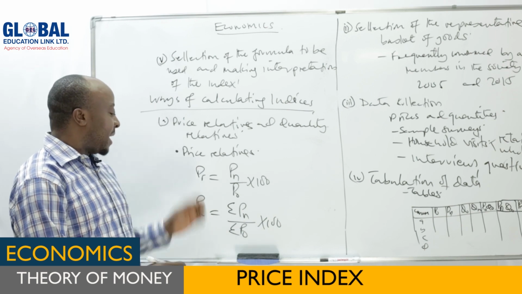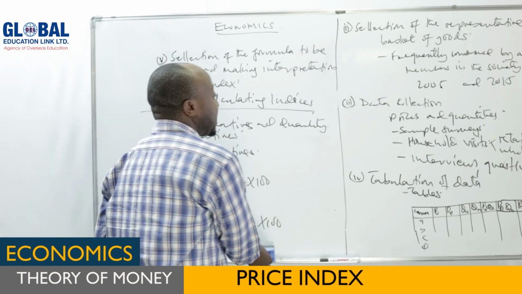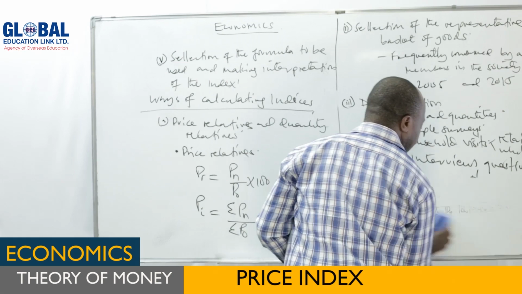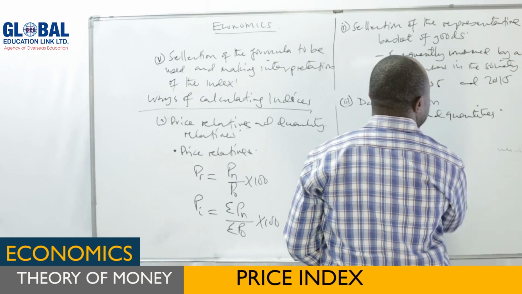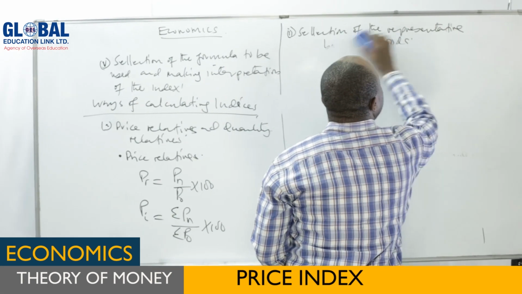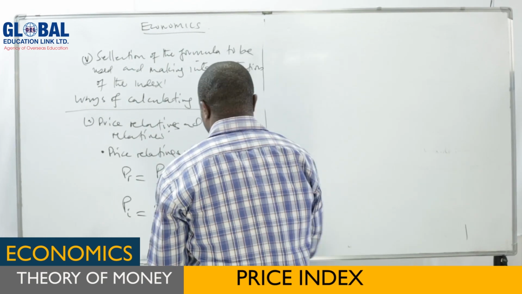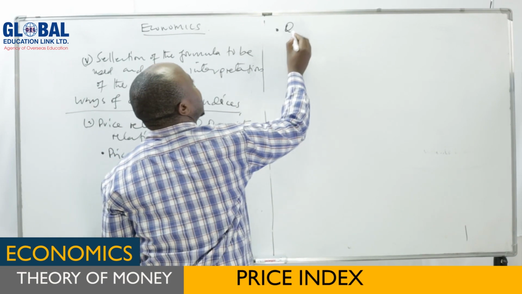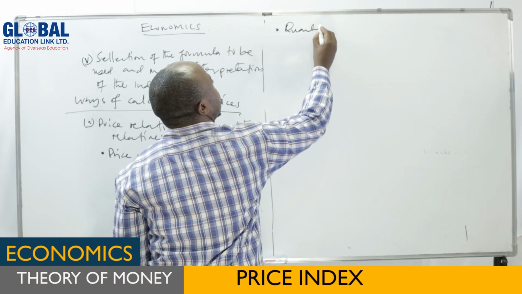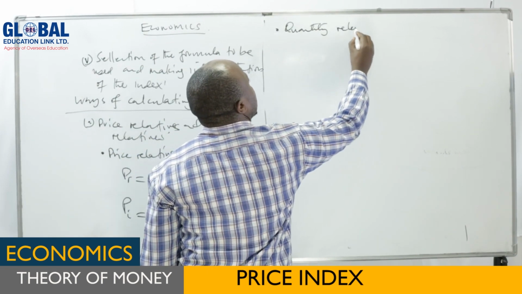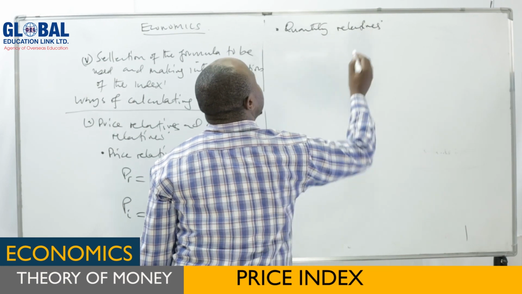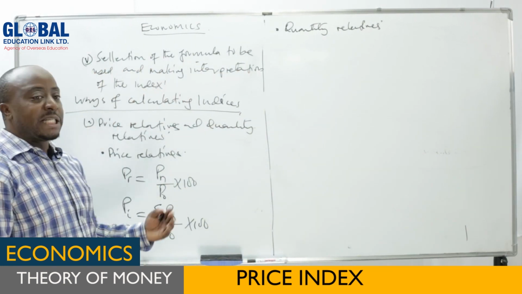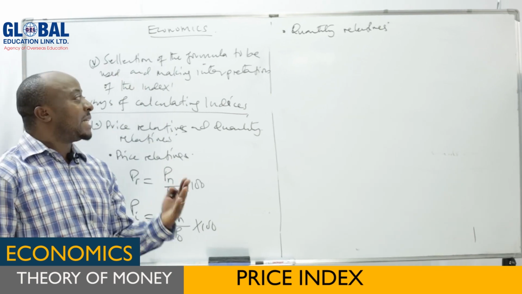So this is the form of price relatives. But we can also have the so-called quantity relatives. Quantity relatives, like price relatives, are obtained by comparing quantities in the current year and the quantities in the base year.